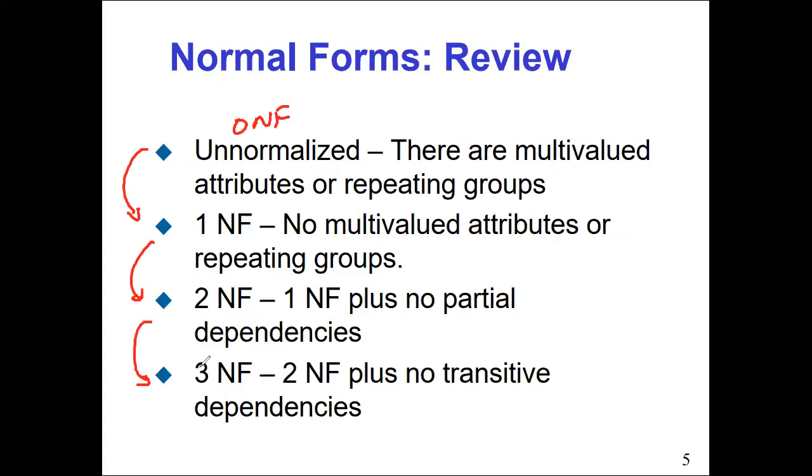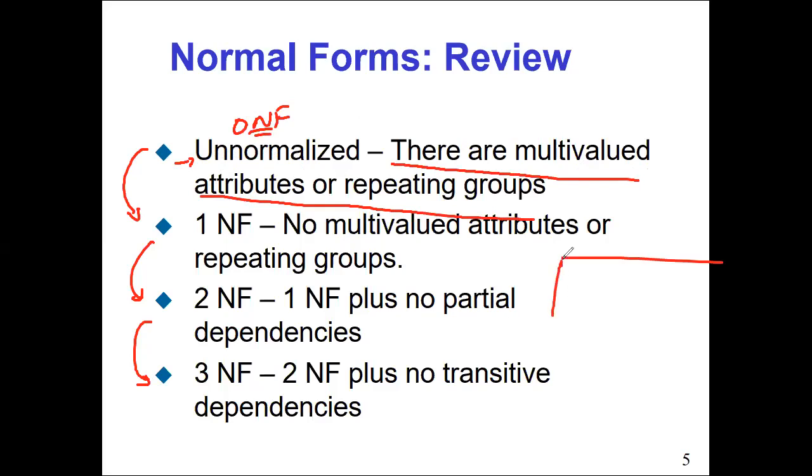So the starting table is zero normal form. In 0 NF, or else the unnormalized form, there will be multi-valued attributes or repeating groups, right? You can see there, right?